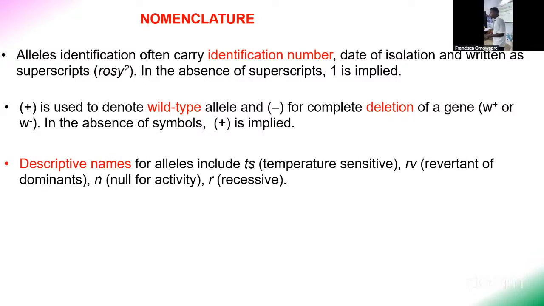So sometimes we also use descriptive names for alleles. In the lab and in DRTC, you guys will see something called bin TS. I won't go into detail of bin TS yet. Is that okay?